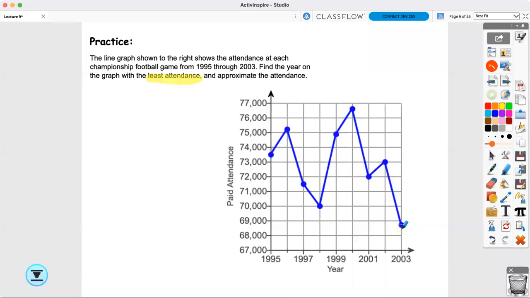Yeah, in 2003, right? This is pretty low. Now, if you were to approximate the attendance, how much would you say showed up? Is it closer to 69,000 or closer to 68,000? Yeah, 69,000. And we're done.